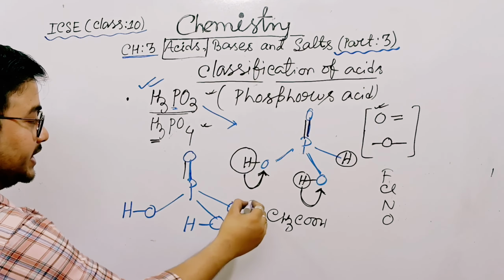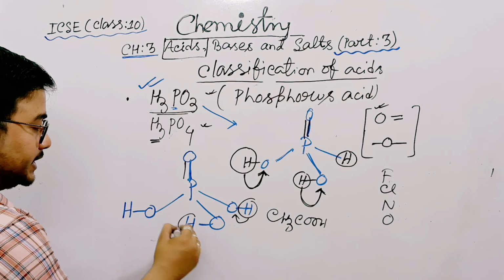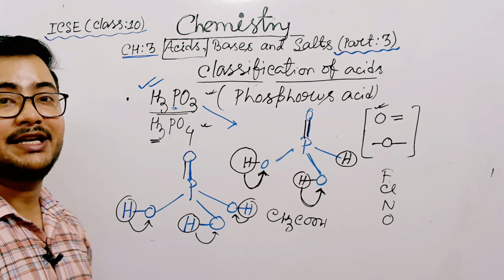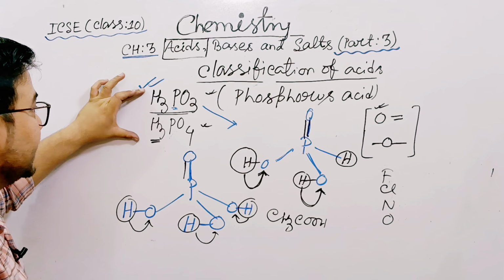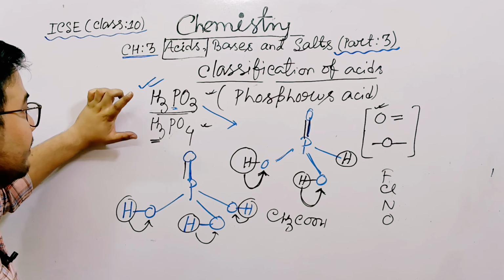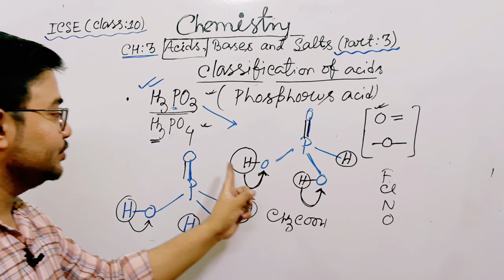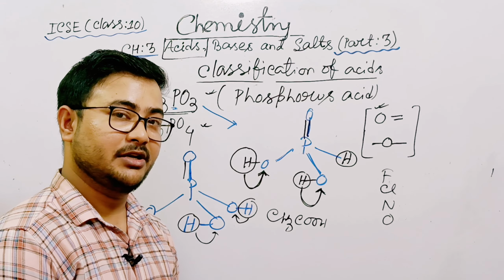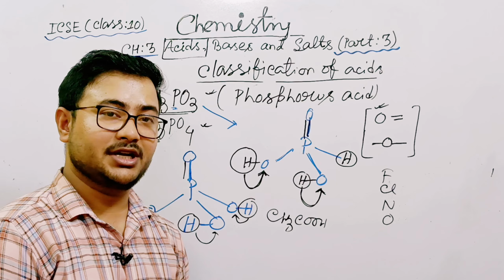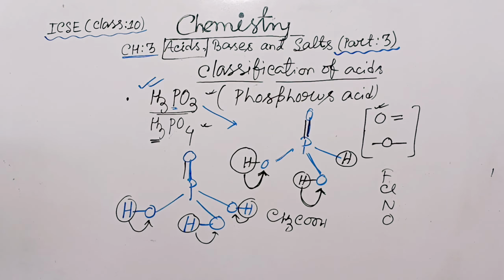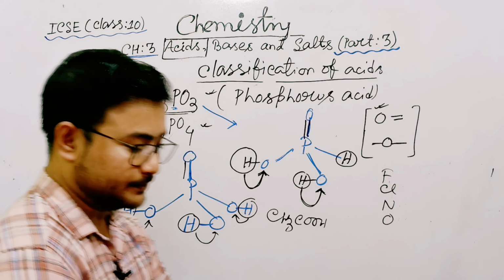Now see, here all the hydrogen are attached with electronegative element, so it is tribasic acid. So in both cases 3 hydrogens are present, but one is dibasic and the other tribasic because in phosphorus acid only 2 hydrogen are attached with electronegative element. Do you understand the exception? Yes, this is very important for your board. Note it down properly. Okay, so done.